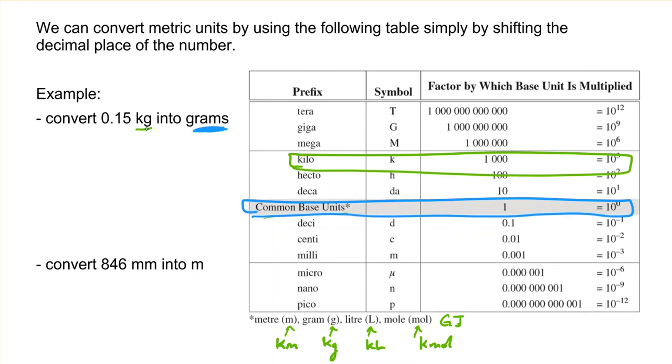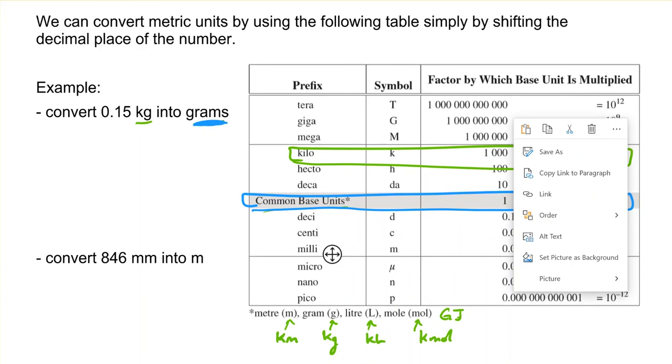If we want to go from green to blue, we're going from a big unit, kilo is massive, right, to a smaller unit. When we go from a big unit to a smaller unit, we need many smaller units to make up the big unit, okay? So what we're gonna do, and I just gotta shift this a little bit. This is gonna be complicated.